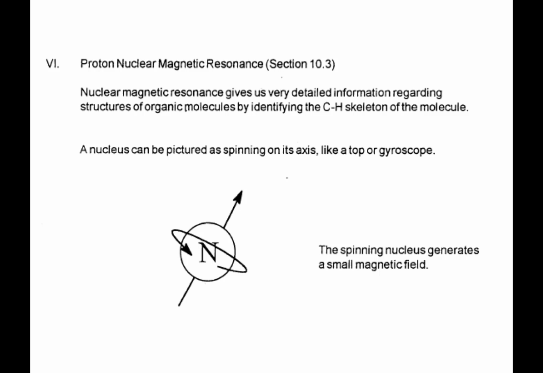What we know from basic physics is that a moving charge creates a magnetic field. In mass spectrometry, our moving charge is able to be moved by a magnet. So in NMR, our spinning nucleus now has a magnetic field associated with it.